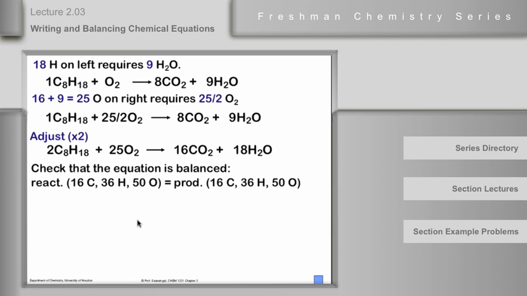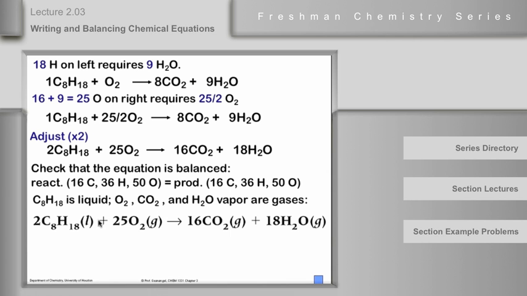All right? Now, sometimes when you see an equation written up in your textbook, or maybe on one of my slides, you'll see some additional information. And the additional information is that C8H18 is a liquid, O2 is a gas, CO2 is a gas, H2O is a gas.